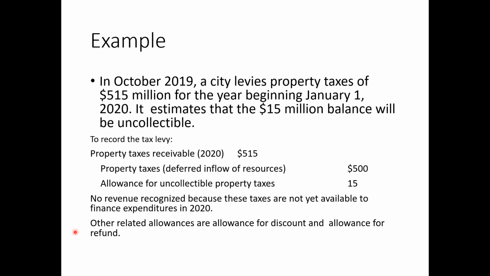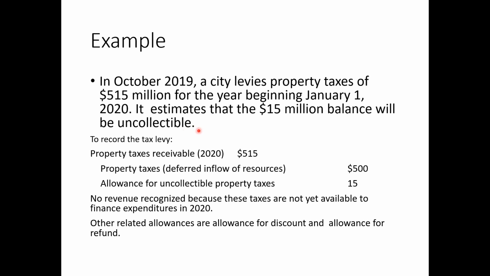So let's see this example. October 2019, a city levies a property tax of $515 million for the year beginning January 1st, 2020. It estimates that $15 million of the balance will be uncollectible.